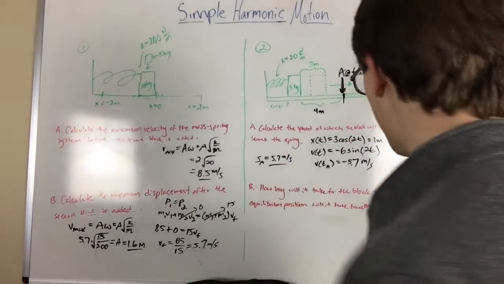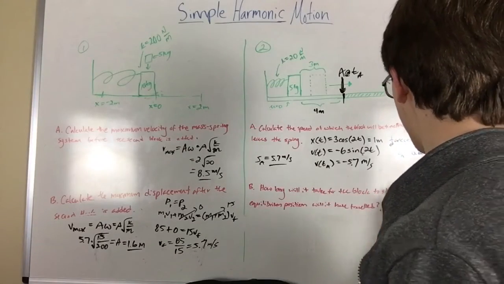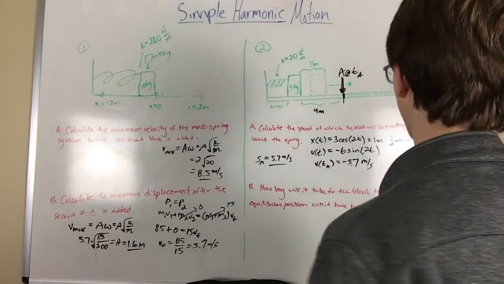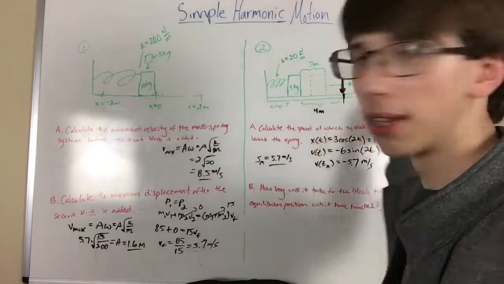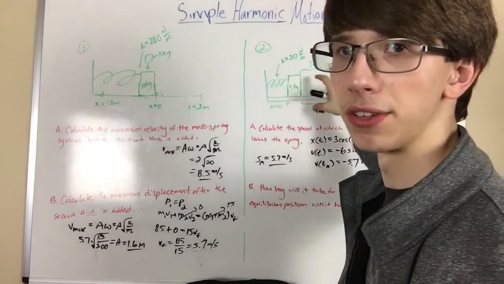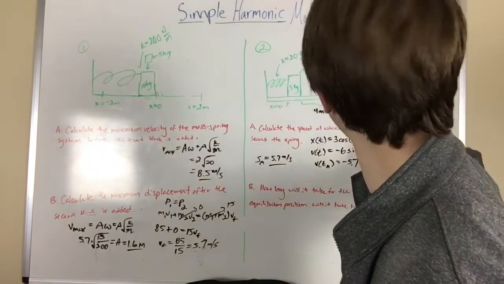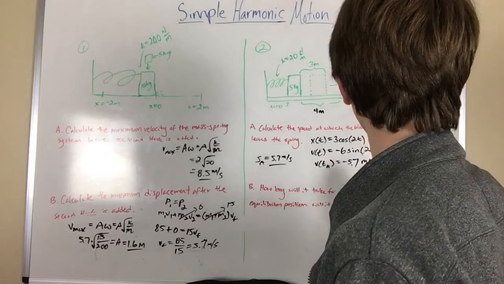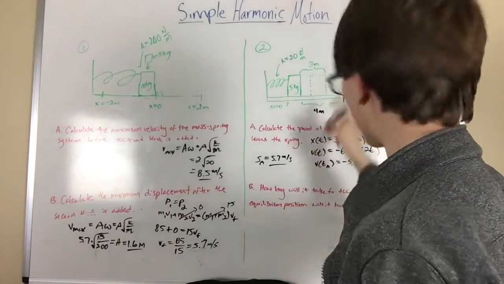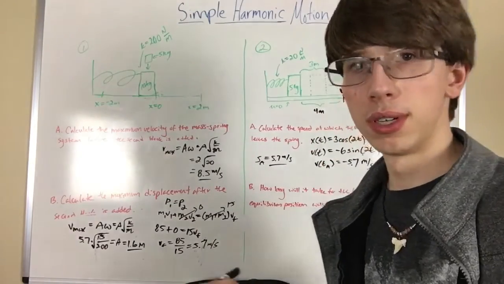So the next step is how long will it take for the block to stop and how far from equilibrium position will it have traveled. So at this point, the spring has gone back. The spring is still actually traveling, it's just that the block is moving too fast for the spring to catch up with it. So it's left at this point. And so this is just a force problem.